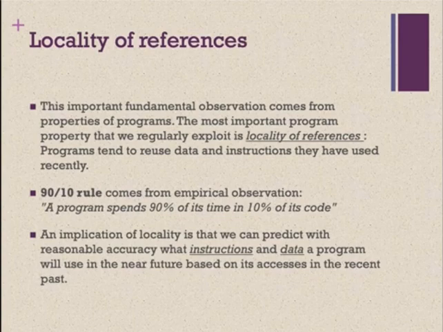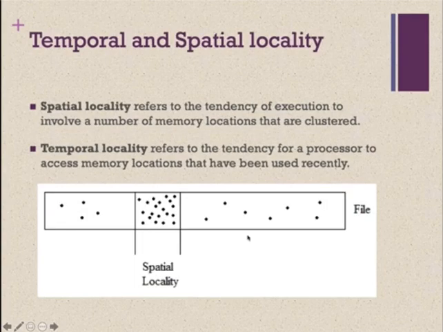An application of locality is that we can predict with reasonable accuracy what instructions and data a program will use in the near future based on its accesses in the recent past. We have two types of locality, temporal locality and spatial locality. Spatial locality means they are close together, and temporal locality means they are accessed frequently.